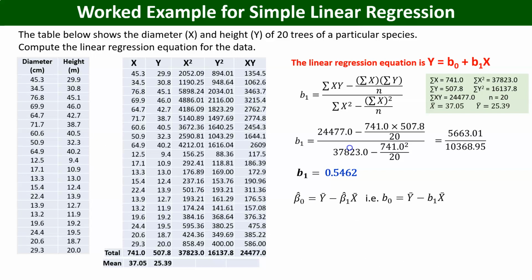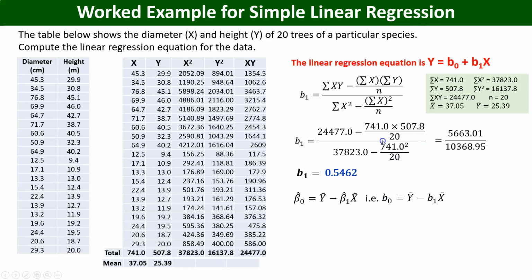Now, from this, we now go on to calculate our B0. And the formula for B0 is simply mean of y minus B1 times mean of x. So you see why B1 is important now, because we are making use of it to obtain our B0.